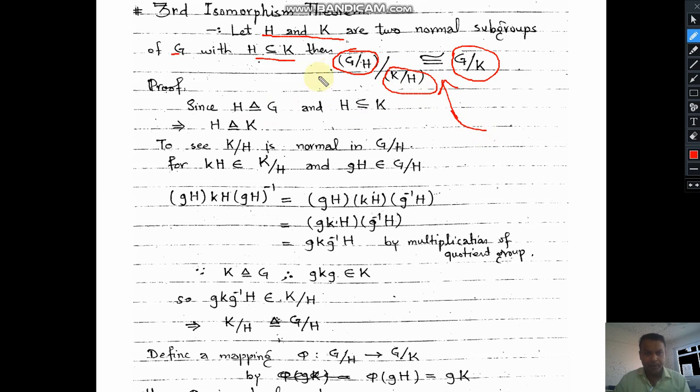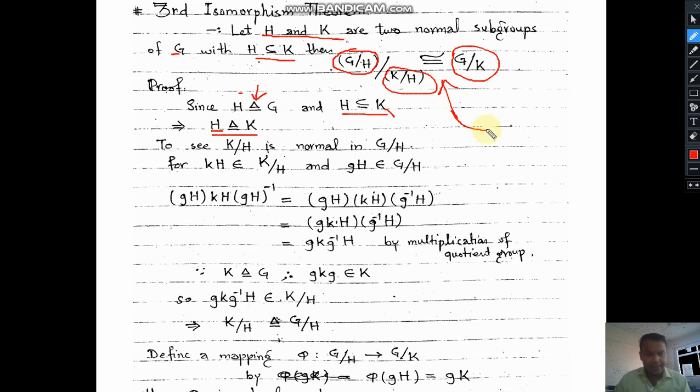So how can we prove it? Here it is given that H is a normal subgroup of G. This is the symbol to represent a normal subgroup. Here H is a normal subgroup of G and H is a subset of K, because every element of H is available in K. And K is a normal subgroup, so we can say that H is a normal subgroup of K also.